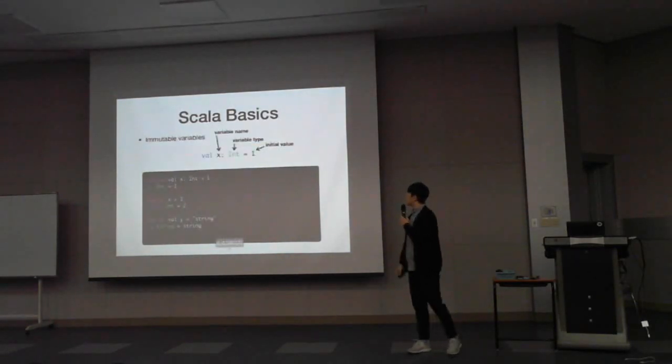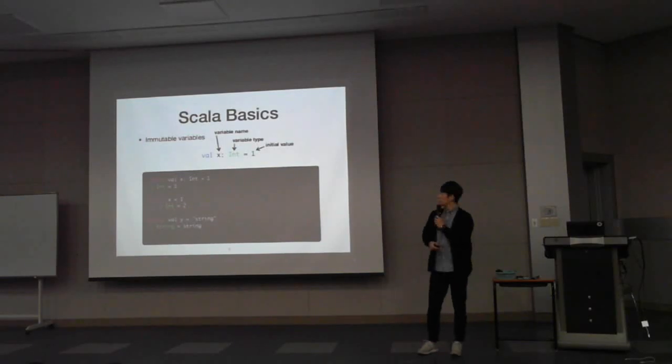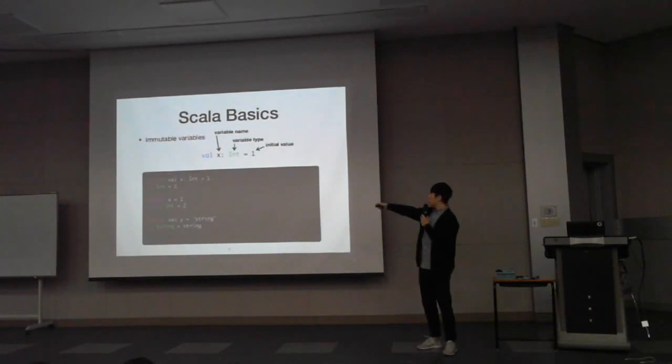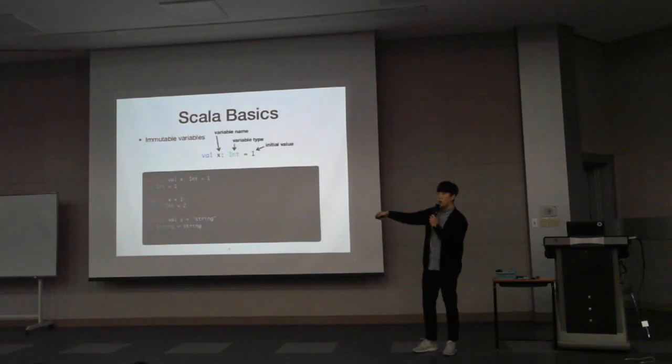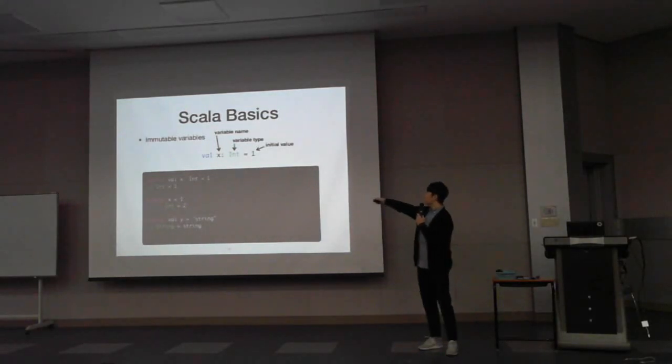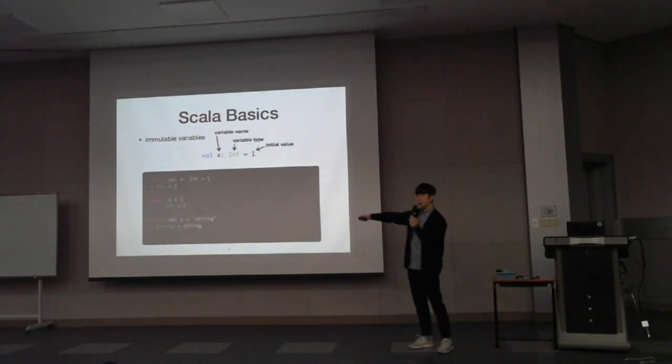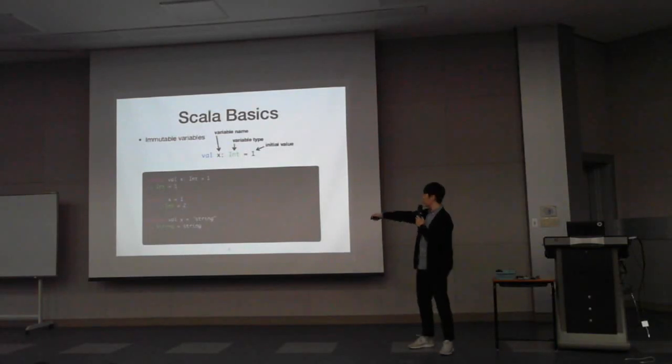And Scala supports immutable variables using the keyword val. So you can define an integer type immutable variable x with an initial value 1. Then the value 1 will be stored in the variable x. And you can use it like this. So x plus 1 is equal to 1 plus 1, so it will be evaluated to 2.